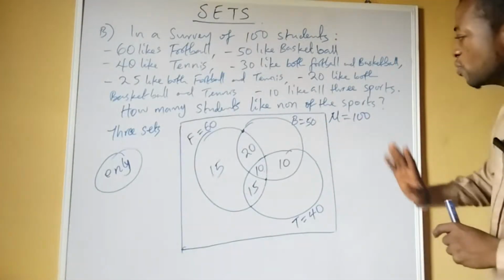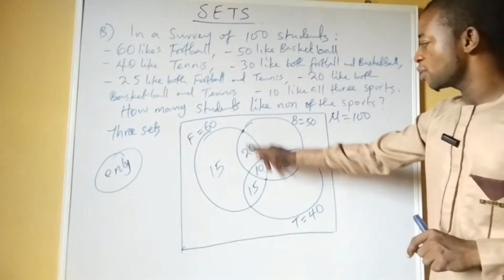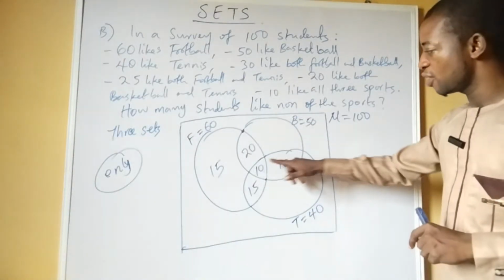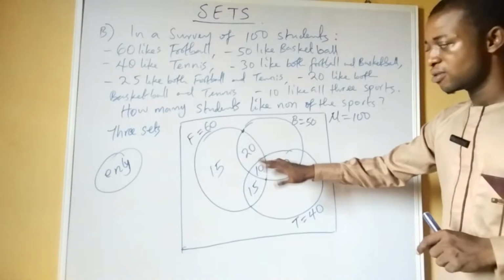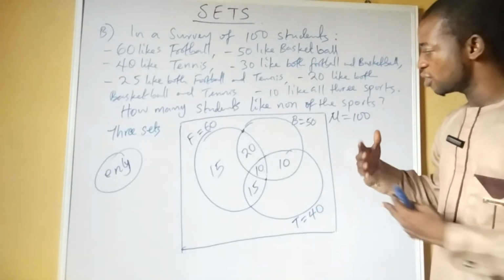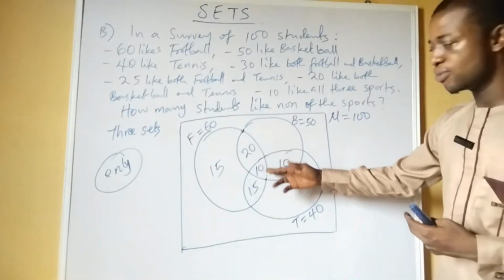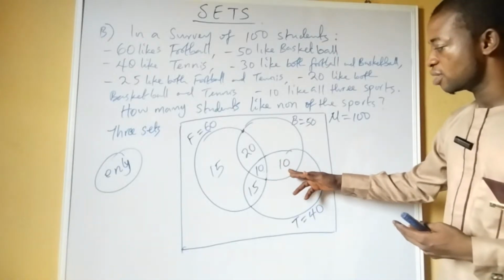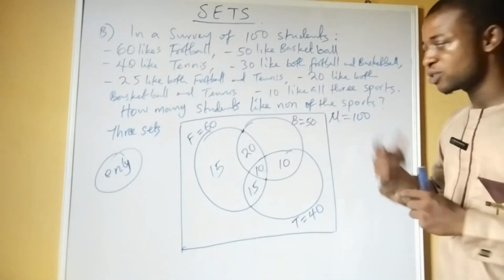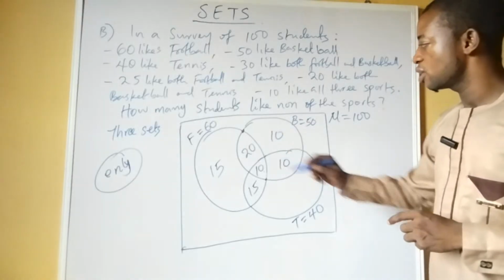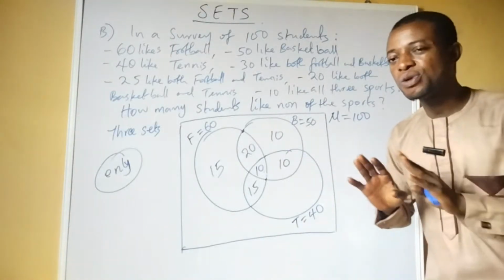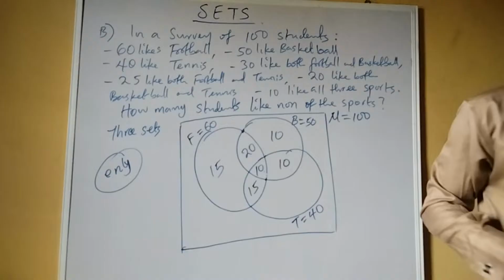Now for basketball only, everything inside basketball should be 50 and you have 20, 10, 10. Take these 3 numbers away from 50. That's 20 plus 10, 30, 10 plus 10, 40. 50 minus 40, that's 10. So it means 10 students alone like basketball.